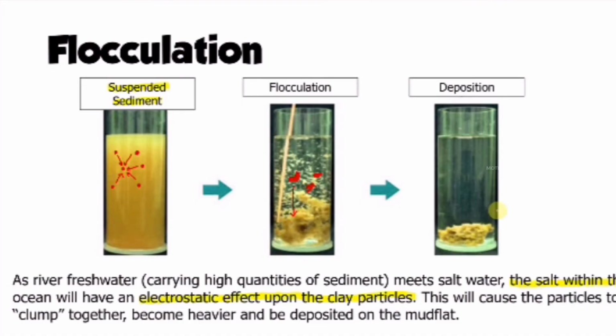Flocculation is a process which is used in lots of different industries, such as the sewage treatment industry and the brewing industry as well. We can see how it separates out that suspended sediment into nice clear water with all of that sediment deposited at the bottom. So that's happening naturally within the water in an estuary because of the interaction of the salt water and fresh water.